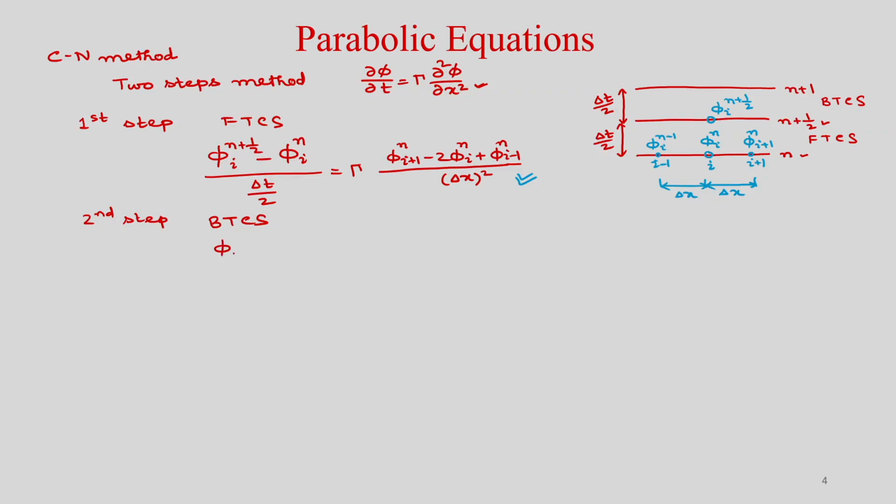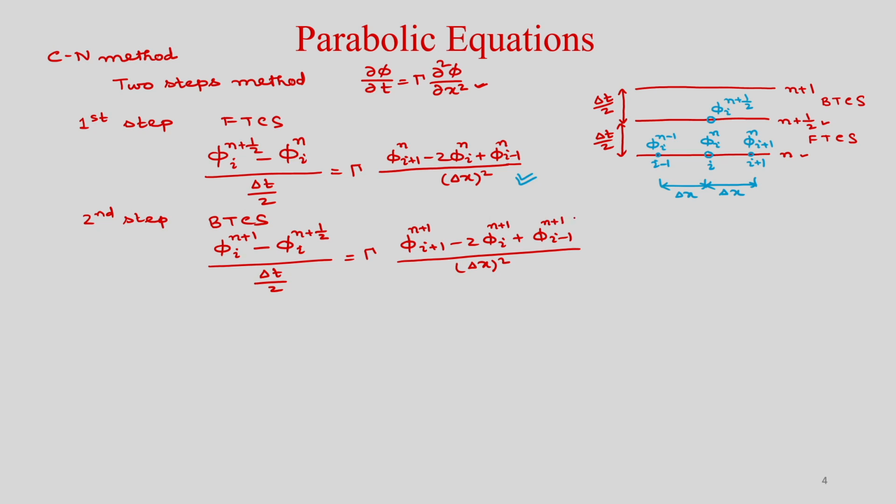So, it will be phi I n plus 1 minus phi I n plus half divided by del t by 2 is equal to gamma times phi I plus 1 minus 2 phi I plus phi I minus 1 divided by delta x square, and all you will take at n plus 1. So, this is your BTCS method you are using.